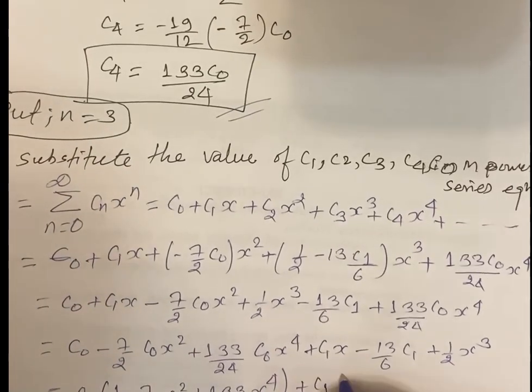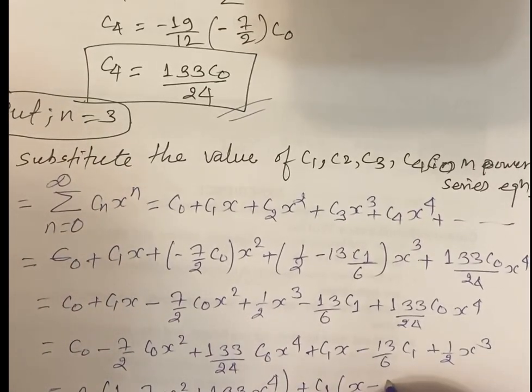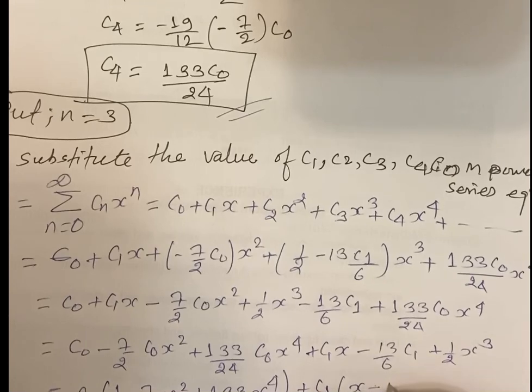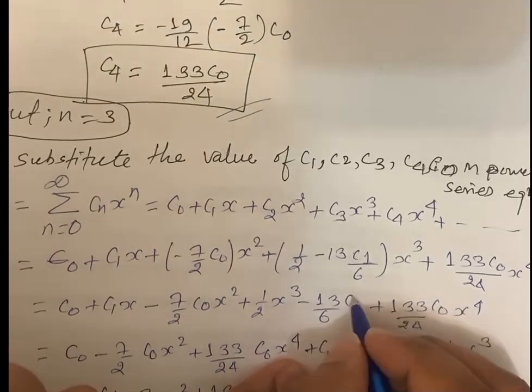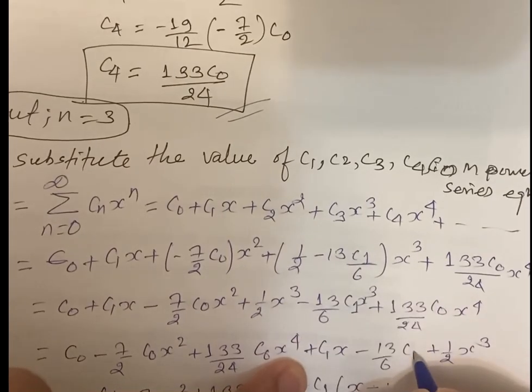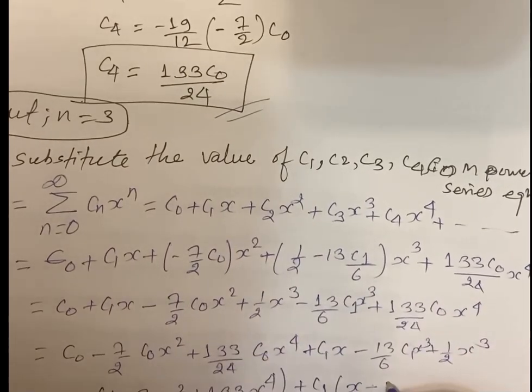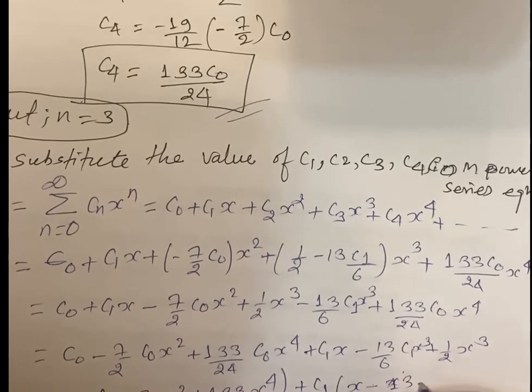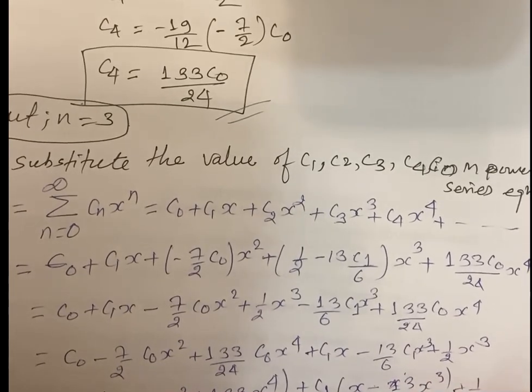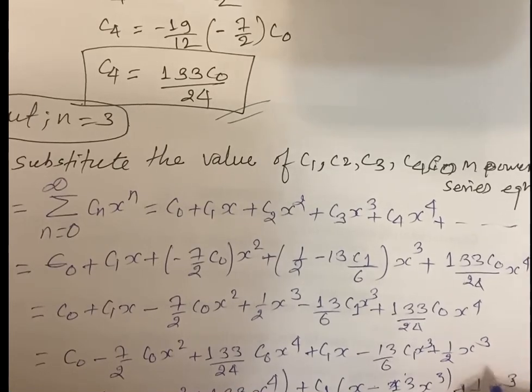Then let's take c1 common. x minus 13 by 6 x cube. Oh, here it is x cube, sorry. x minus 13 by 6 x cube plus 1 upon 2 x cube.